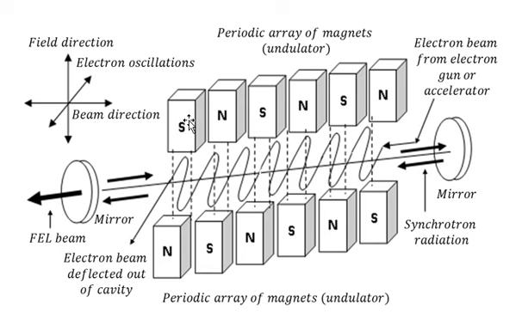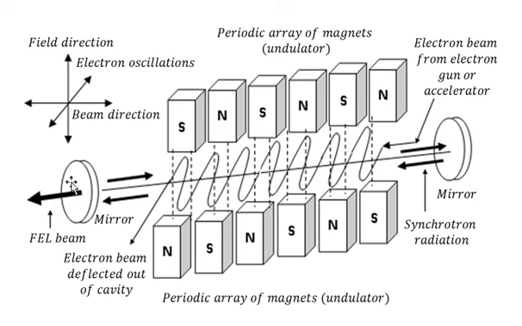The magnetic field is applied in the direction of this arrow, and the electrons are oscillating along the y direction, and the beam direction is the z direction, which is also the cavity axis.